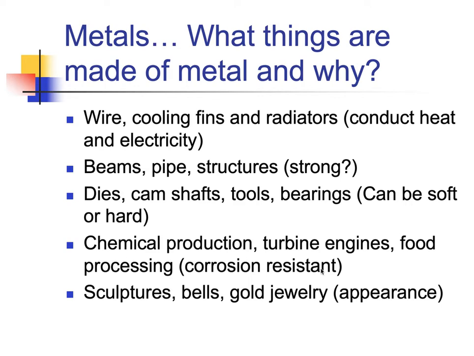Okay, so chemical properties. So things like food processing. We live in Wisconsin, most of us, and in Wisconsin and the areas around it, much of the food and milk that's produced is handled in stainless steel.